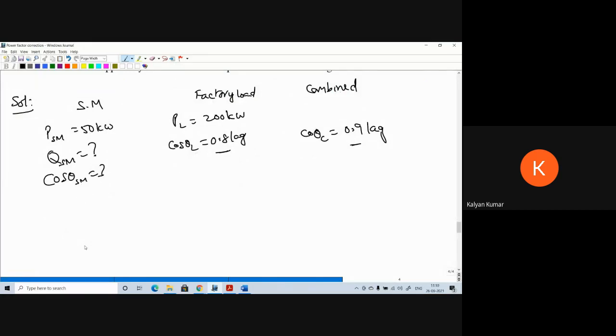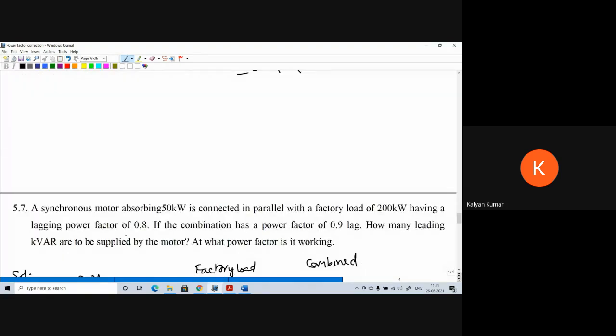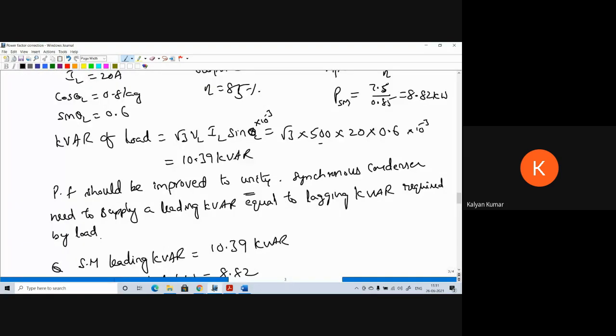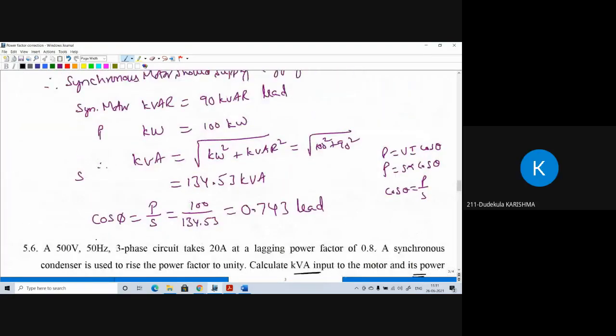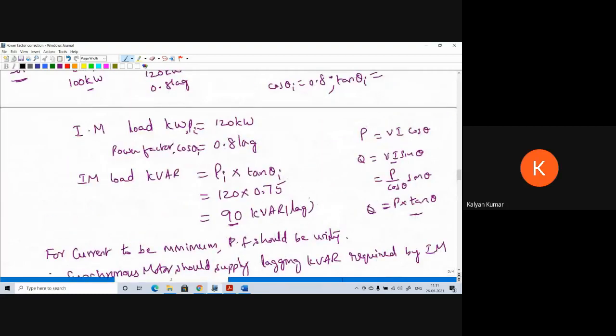So first, let's take the factory load. For the factory load, PL is 200 kilowatts, cos theta L is 0.8 lagging, therefore tan theta L is 0.75.